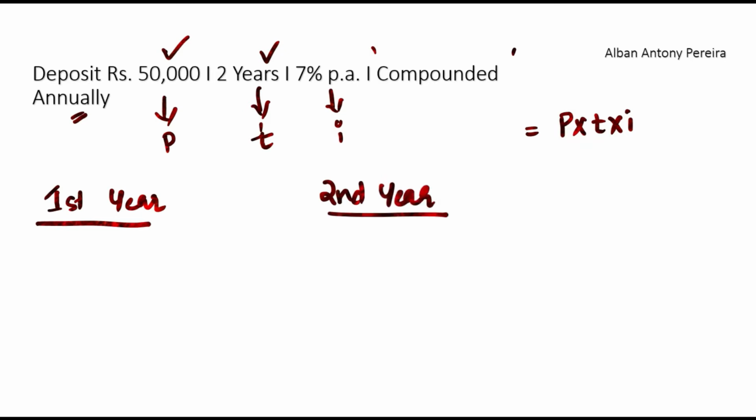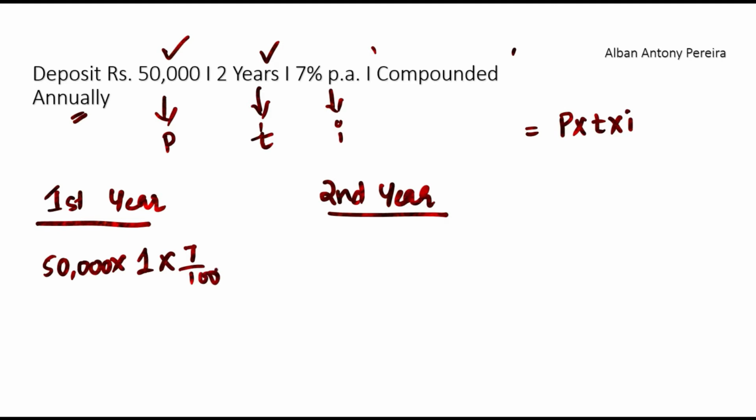So first year, as you know, it will be 50,000 into time is 1 year, because it is for only 1 year. 1 into I is 7 divided by 100.